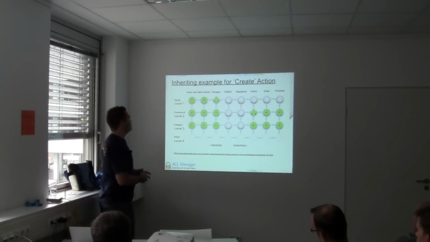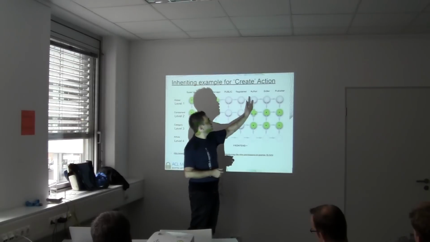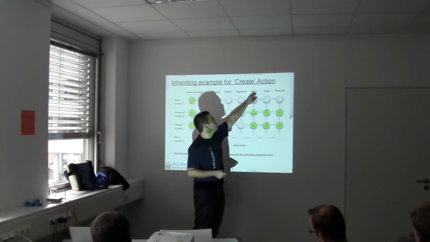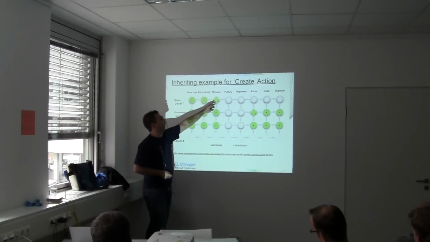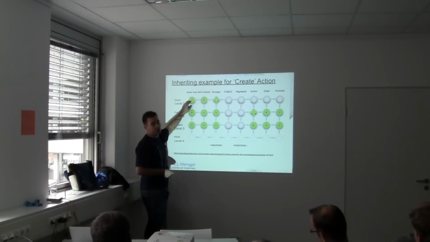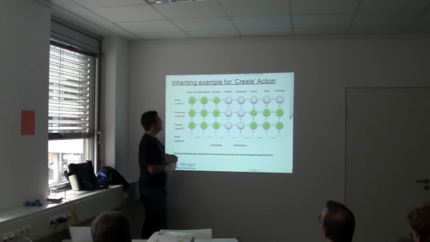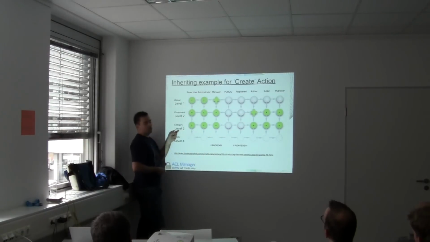A bit more visual. For example, we have the create action, and we have user groups over here: registered, author, editor, publisher. They are nested in each other, so the author inherits the registered permissions. On the other hand, we have some backend groups: manager, administrator, super user. In this example, we allow the create action for the component for the author. So we see that it inherits to all categories below.